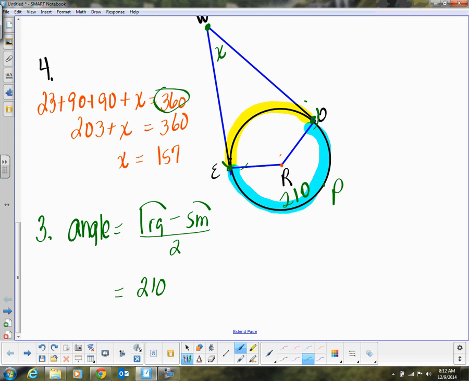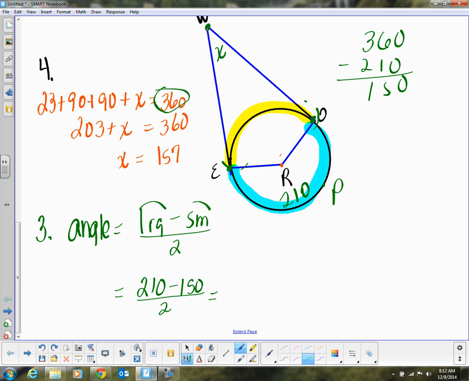All right, so we're going to say 360 subtract 210. How about 150? Did I do that right? Okay, so we're going to say minus 150 divided by 2. What do you do next? Divide what by 2? Why are we subtracting? Where's the vertex?